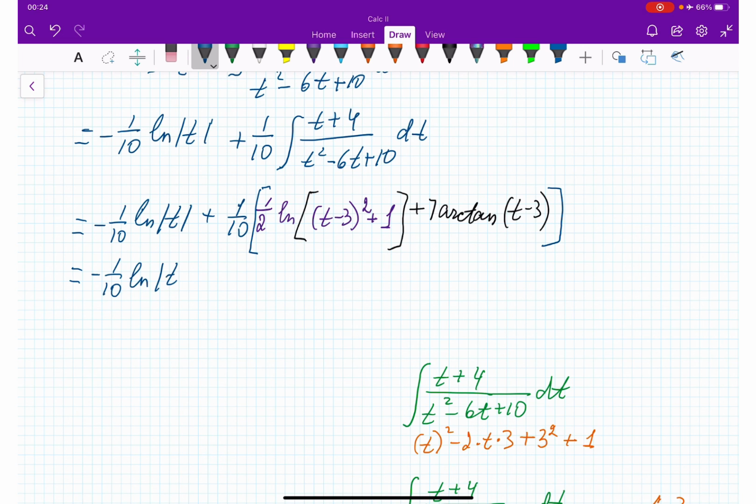Now we continue finishing here: 1/10 natural log absolute value of t plus 1/20 natural log.